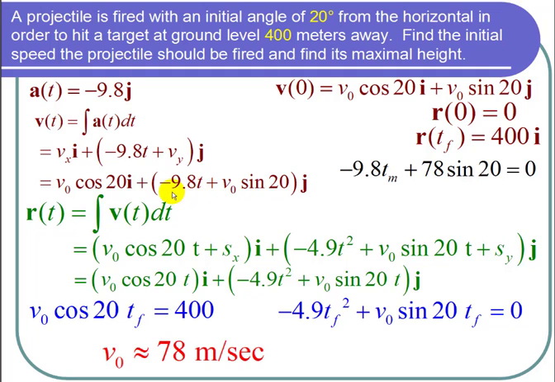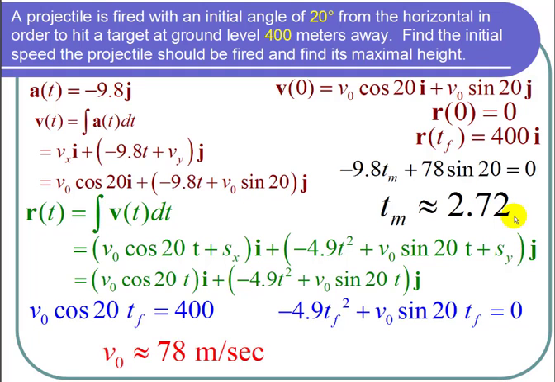So I can say that negative 9.8 times t maximal plus v naught, which is 78, times sine of 20 degrees, is equal to 0. And I can solve this by subtracting 78 sine of 20 and dividing by negative 9.8. And I got that t maximal was about equal to 2.72 seconds.